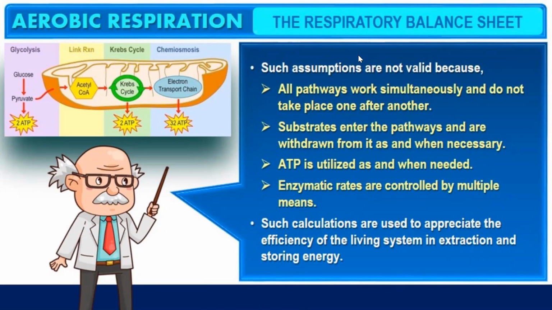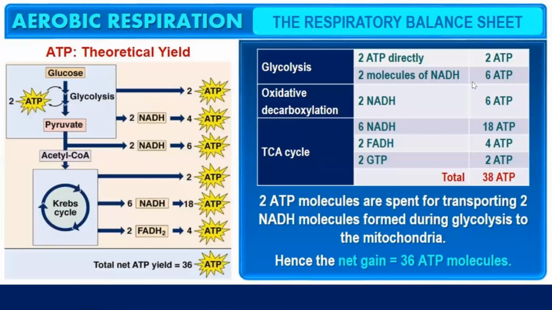And finally, the enzyme reactions or rates are controlled by multiple means inside the cell of the living organism. So such calculations are used to appreciate the efficiency of living systems in extraction and storing of energy. Let's see the balance sheet of respiration.